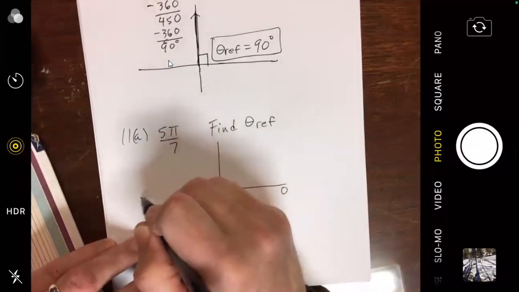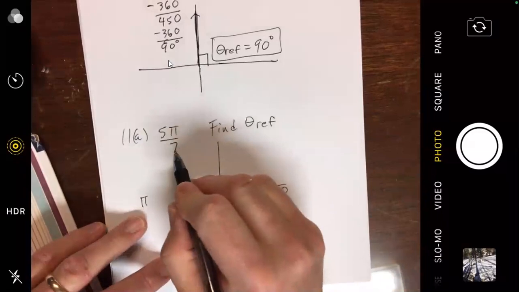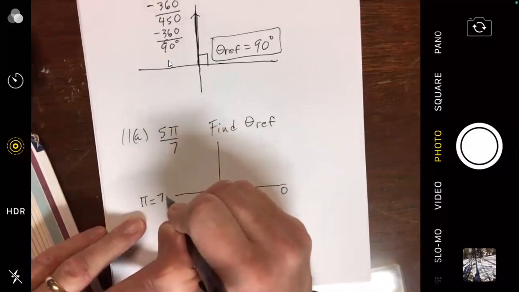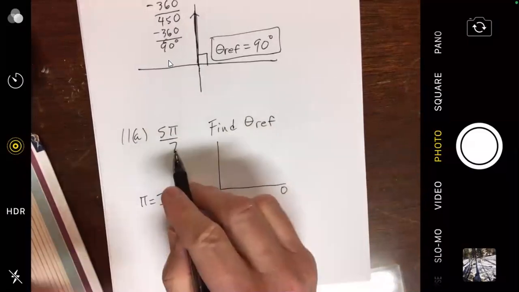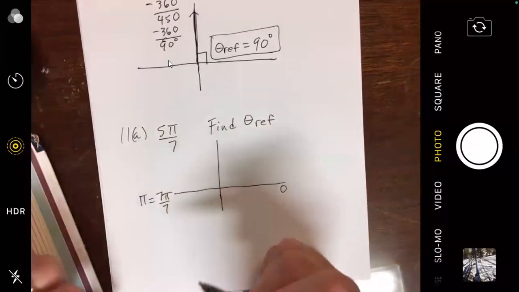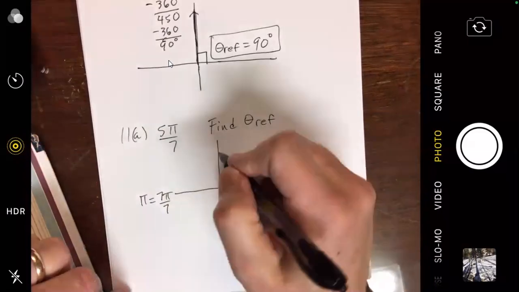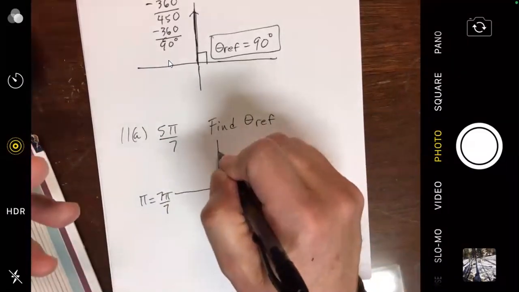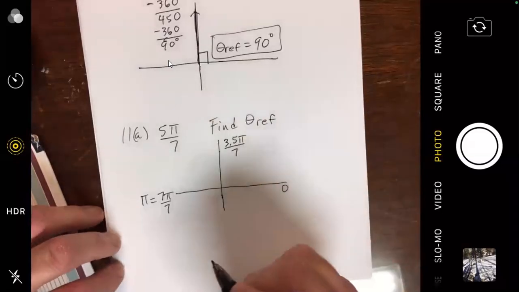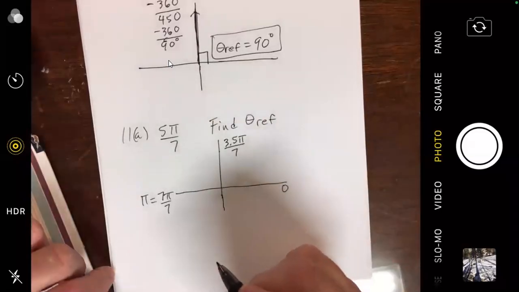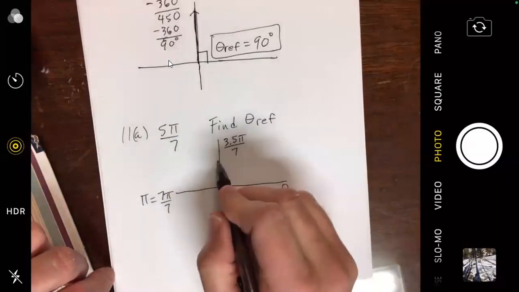This is pi. With a denominator of 7, that means this is 7 pi over 7. Whatever number that is, that's your denominator, and that's a whole 1, so they match. This is halfway there. Well, half of 7, that's not real even. That would be 3.5 pi over 7, 3.5 being half of 7.